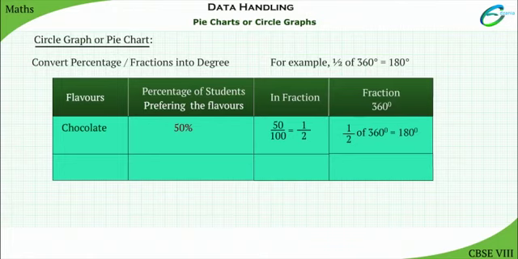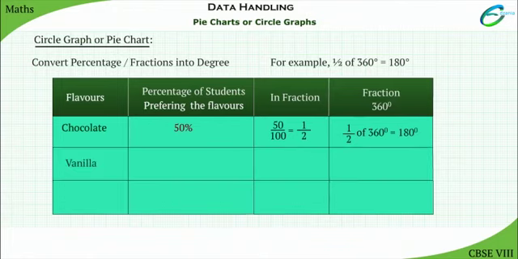Now let's calculate for vanilla flavor. Here the percentage is 25, so its corresponding fraction is 25 divided by 100, which gives the fraction 1/4.